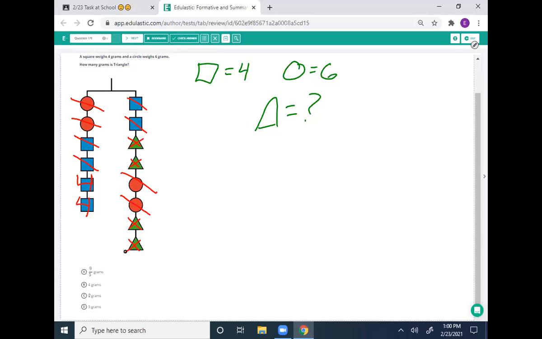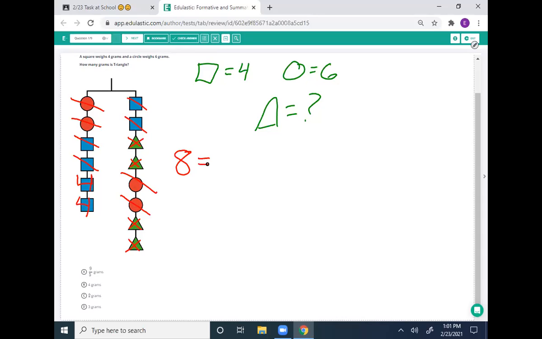Brandon? I have 4 and 4. Oh, so total it would be 28, but we canceled out those like terms. So we're just going to look at what we have left here. How much would I have if I just look at what I have left? 8, very good. I could say 8 is equal to, what do I have on my right-hand side?